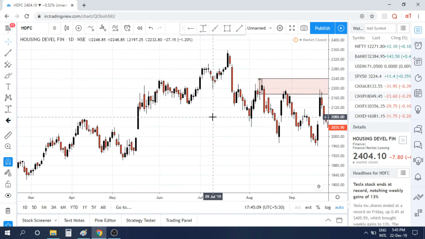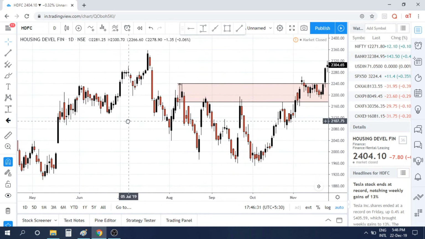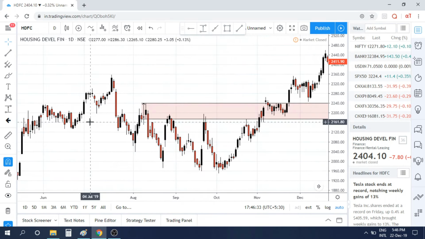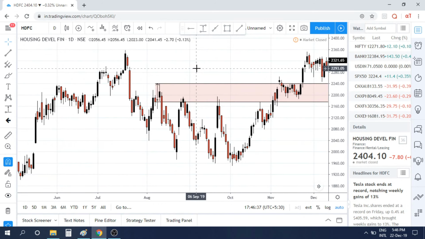Demand becoming supply after breaking and supply becoming demand after breaking. So this kind of behavior is witnessed. Just to add some reasoning as to why this particular behavior is witnessed, well, there are different schools of thought to it, and I can share my understanding of this particular phenomenon.